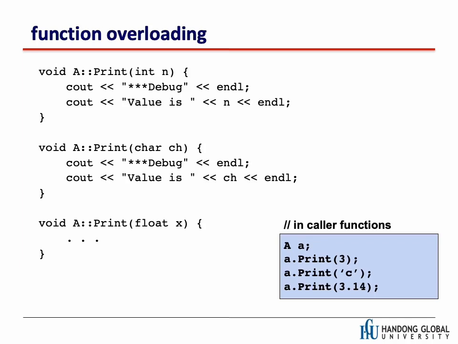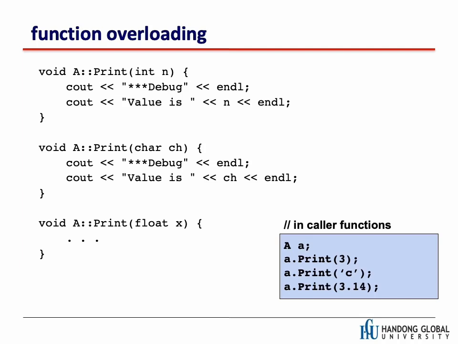We can define these functions in different ways. They look the same, but you can define them in completely different ways. In a caller function like main, once we declare an instance of this class A, we can call a.print in different ways.